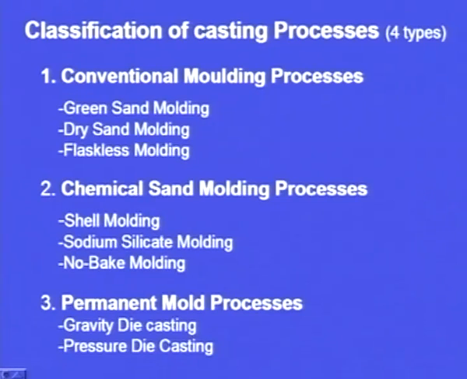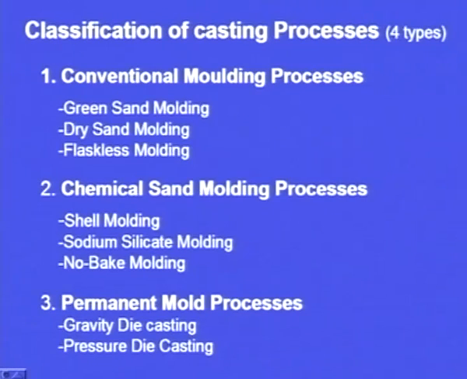And in flaskless moulding, we do not use any moulding flasks. And we have seen the chemical moulding process. In shell moulding, we use a resin, phenol formaldehyde, and fine silica sand.